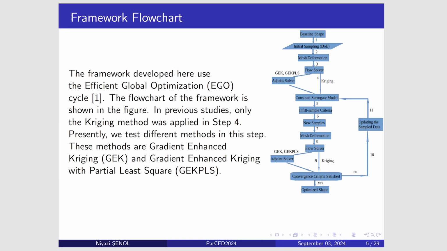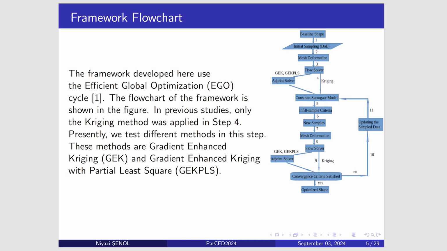We are using the efficient global optimization, EGO, cycle in our flowchart. In previous studies, we used this flowchart only with the kriging method in step 4. Now we are introducing GEK and GEK-PLS in the flowchart. You see we have a baseline shape in the first step.